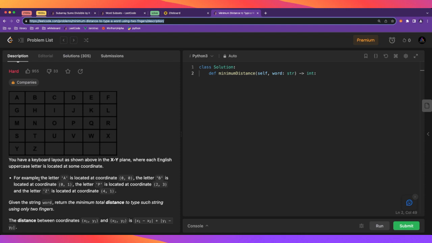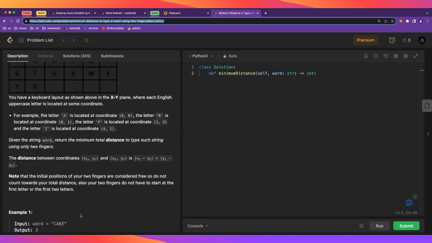For example, the letter A is located at coordinates 0, 0. The letter B is located at 0, 1, and so on. So these are the rows, these are the columns. Given the string word, return the minimum total distance to type such string using only 2 fingers.